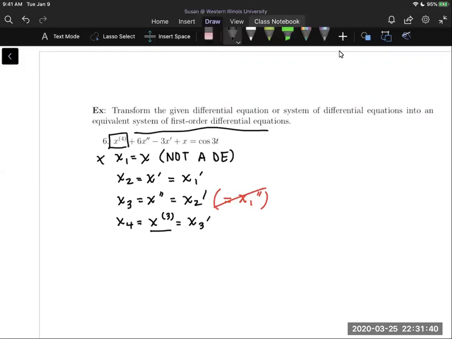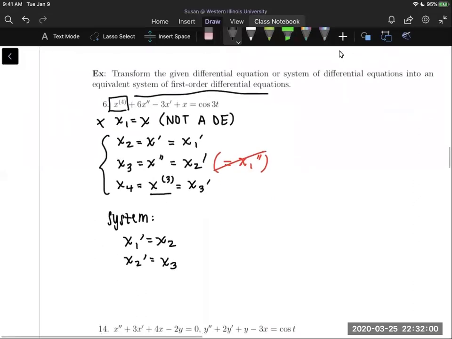Again, I don't want to include this one in my system, but these three are all system of DEs. So what I have here so far is x1 prime equals x2, x2 prime equals x3, and x3 prime equals x4, but this isn't enough because I haven't gotten to my fourth derivative.